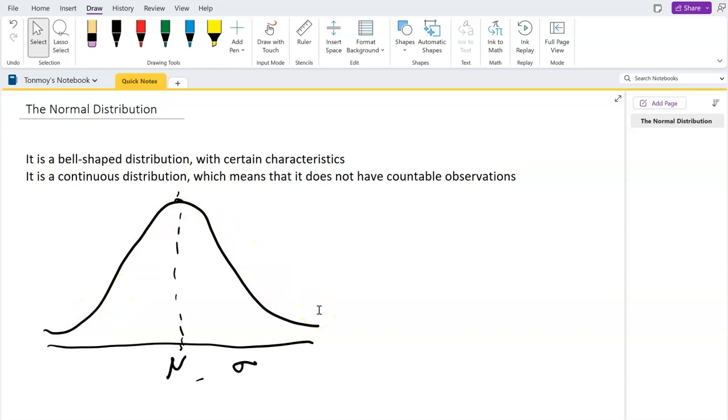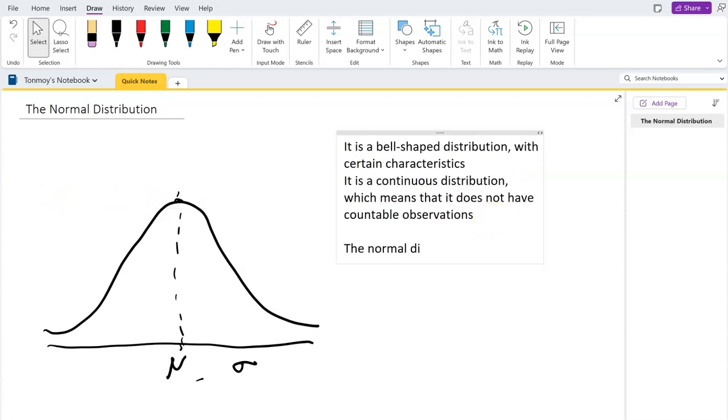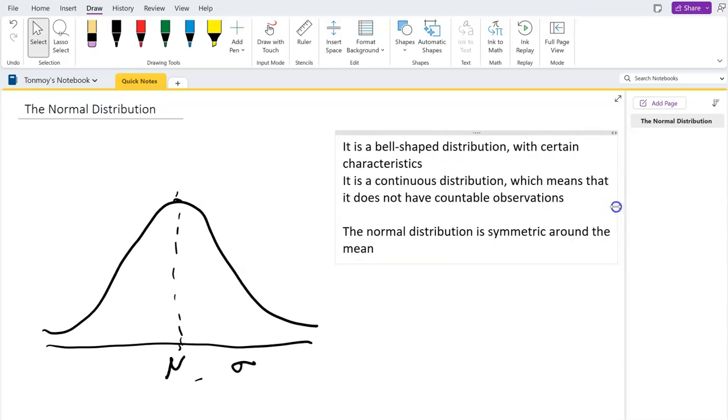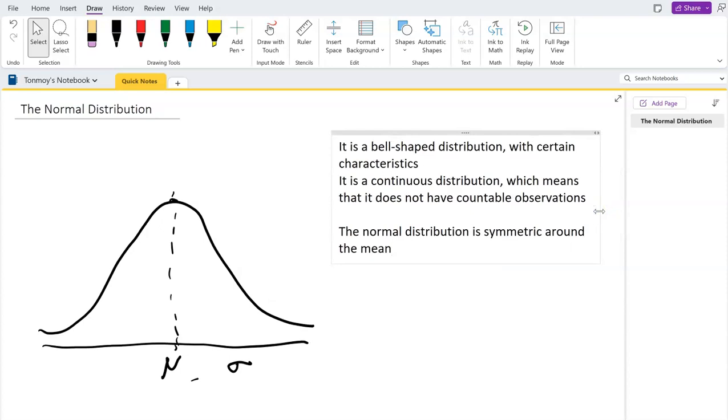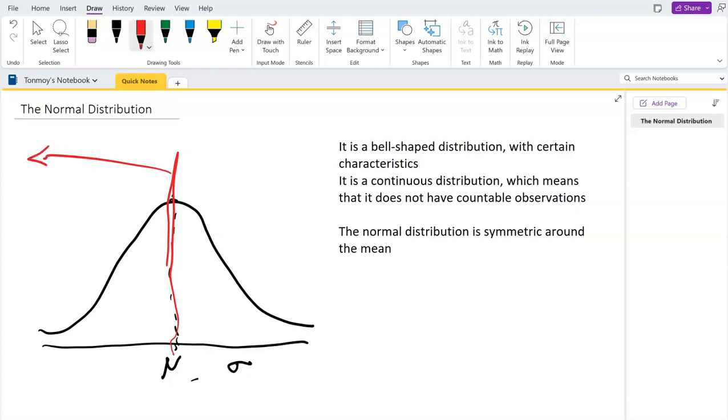It is symmetric. So some of the characteristics of a normal distribution are that the normal distribution is symmetric around the mean. What symmetric means is that if I put a mirror right here in the middle, then the left-hand side is a copy of the right-hand side.